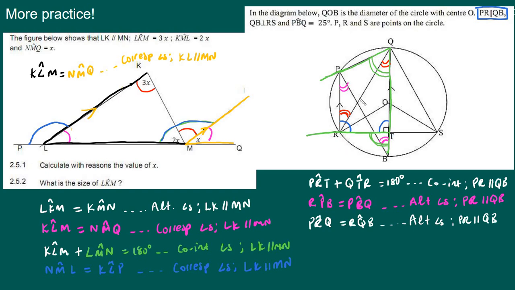Remember, the only parallel lines are PR and QB. So they can't be equal. It's okay that you identify them as corresponding angles, but remember they won't be equal because the lines are not parallel.